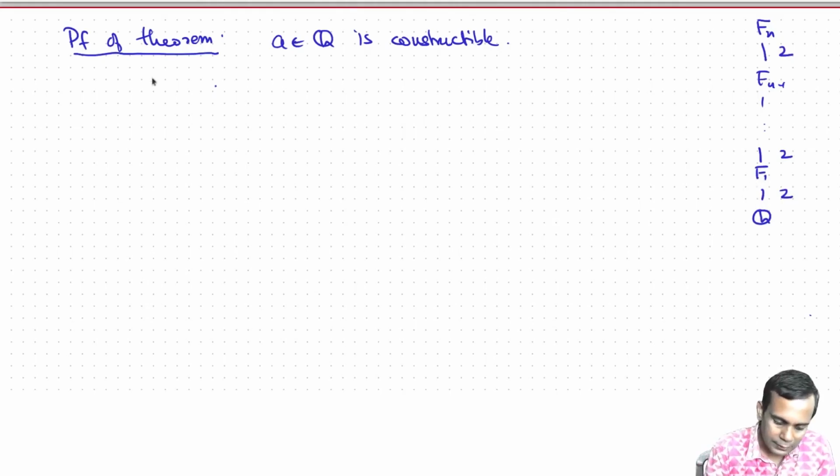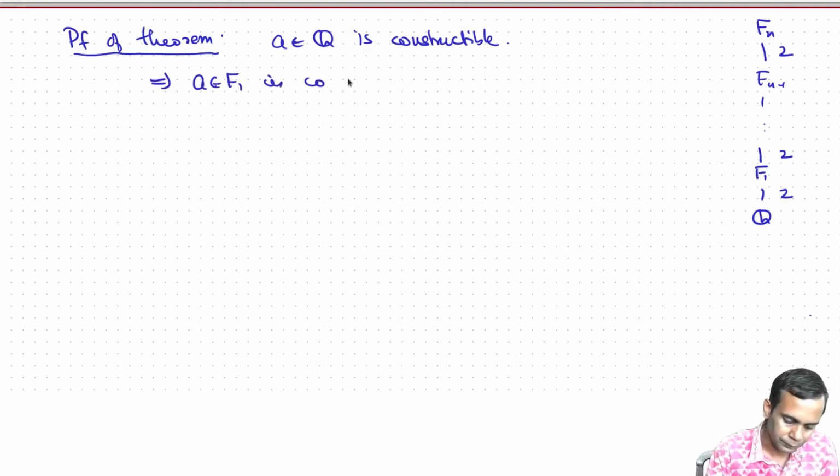By this lemma, this implies that every A in F1 is constructible.